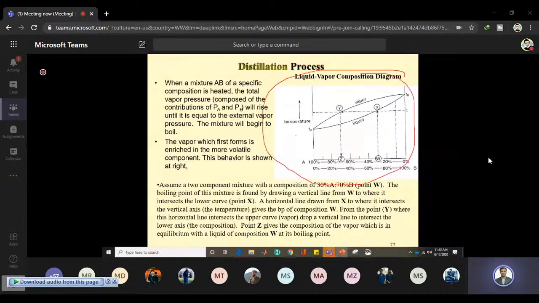We have talked about this with respect to temperature, and also with respect to pressure. So we already have Pxy diagrams and Txy diagrams. These both are discussed in great detail. I think we discussed those in absorption.